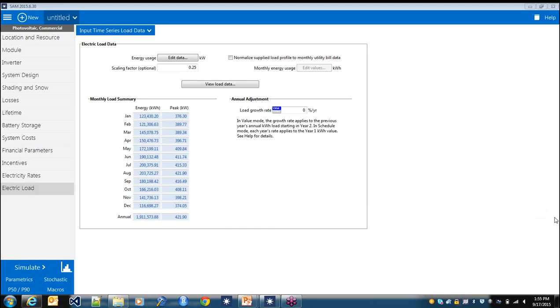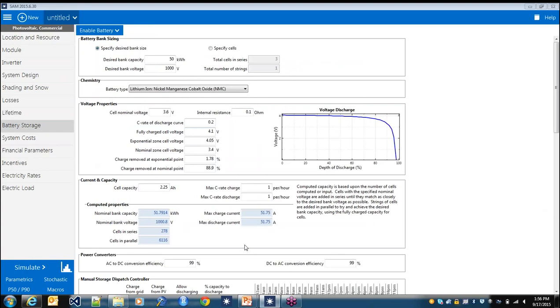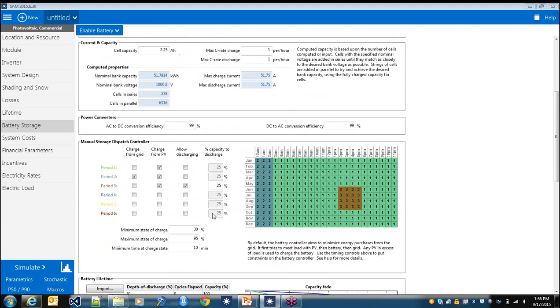So there's a question: is the capacity to discharge the depth of discharge or the amount removed from the battery? I assume we're talking about this column over here. Basically, this column is talking about the beginning of the discharge period.